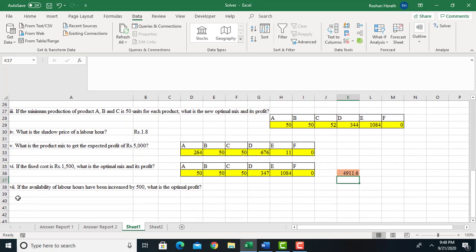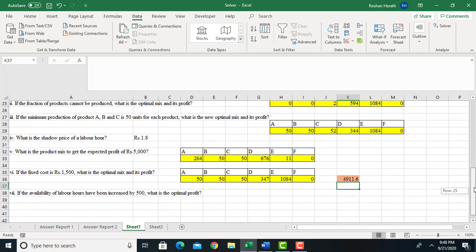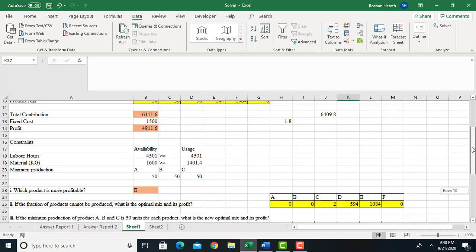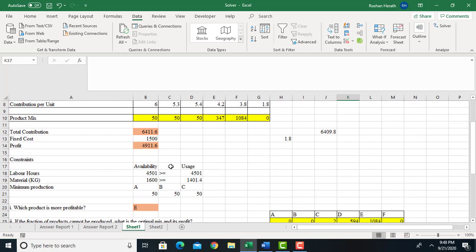Then finally it asks you if the availability of labor hours has been increased by 500, what is the optimum profit? At the moment, we have kept that at 4501. So let's add another 500 to this, then see how much our profit is going to be.